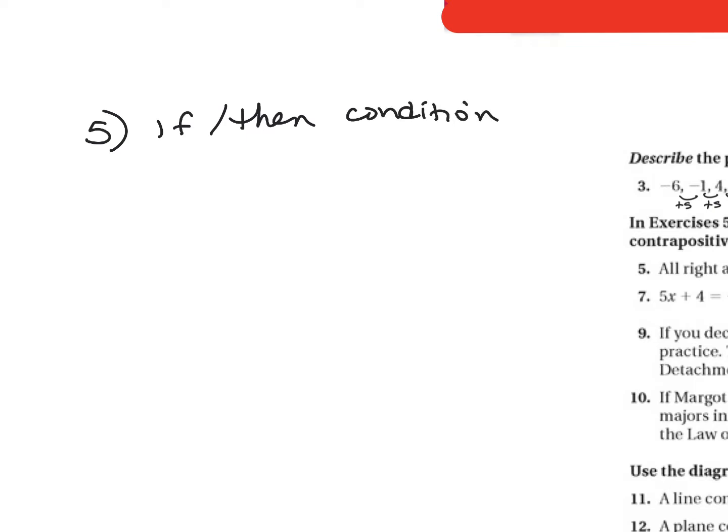So the if-then form for number 5, which is all right angles are congruent, you could have stated that if the angles are right angles, then they are congruent.